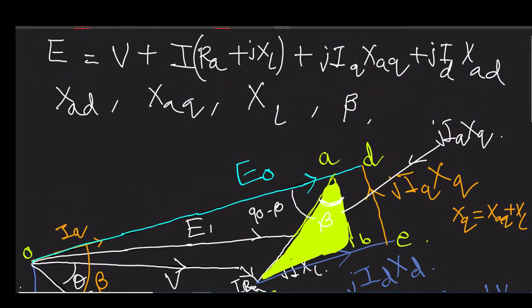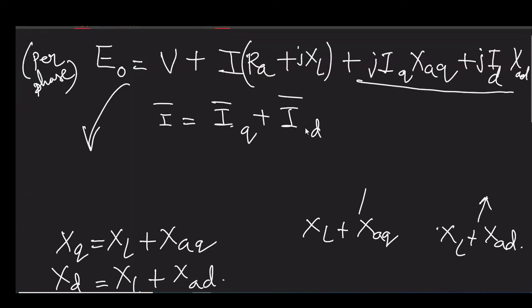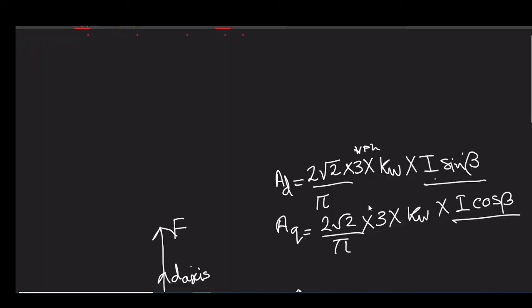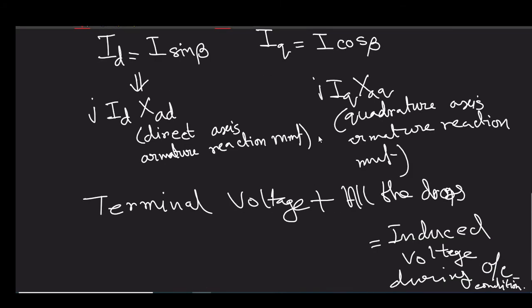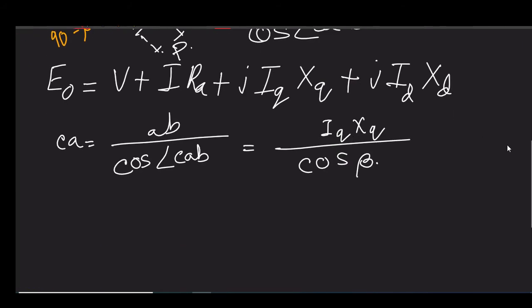Now see that this cosine beta is equal to what? IQ is equal to I cosine beta. Therefore, if you do it, you will get IXq.